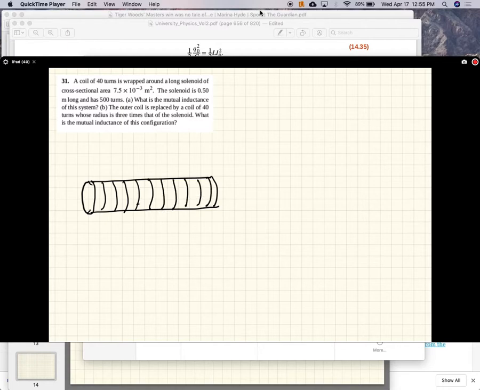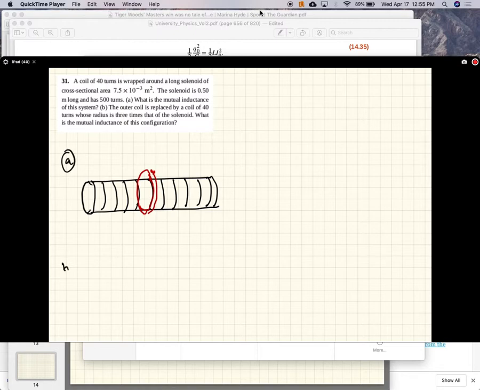Okay, and around this solenoid is a secondary coil wrapped around. Okay, so there's the secondary coil, and this is part A.